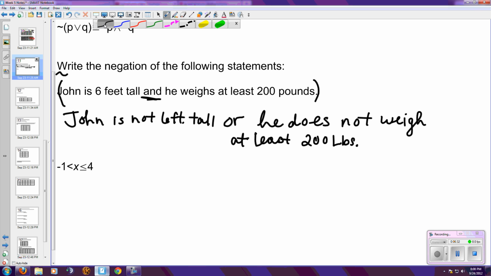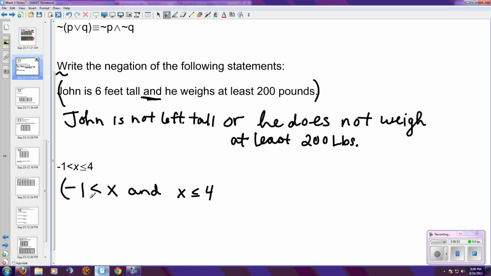Now, a trickier example we could have is something like this one here: -1 less than x less than or equal to 4. If we break this down like we did earlier this evening, this means -1 is less than x and x is less than or equal to 4.